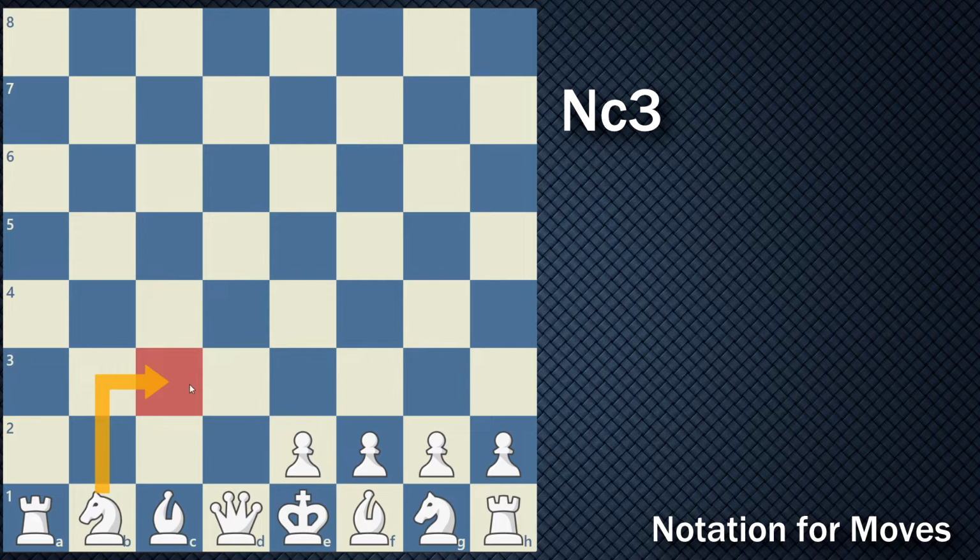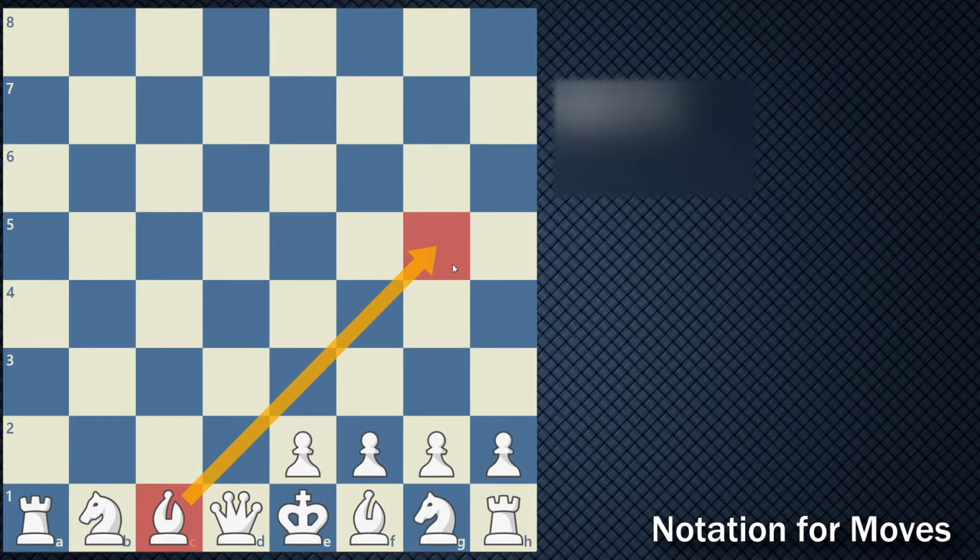That's the only knight that can go to this square, so I know this knight is the only one that can move to c3. Another simple example is bishop to c5: capital B, lowercase c, and the number 5. This bishop is the only bishop that can move to c5.